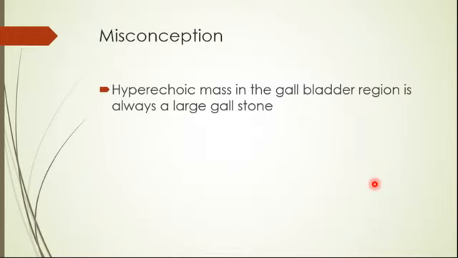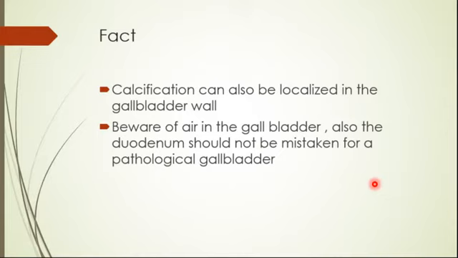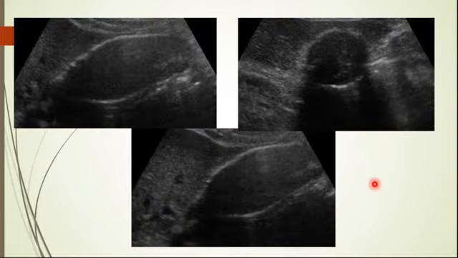Another thing is that some might think that a hyperechoic mass in the gallbladder region is always a large stone, while in fact calcification can be localized in the wall of the gallbladder, and we should be aware of air in the gallbladder. Also, the duodenum should not be mistaken for a pathological gallbladder. For example, you can see here, this is not a big stone filling the gallbladder. This is a porcelain gallbladder, a calcified gallbladder wall.